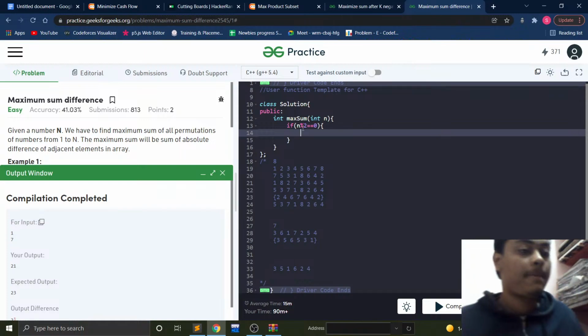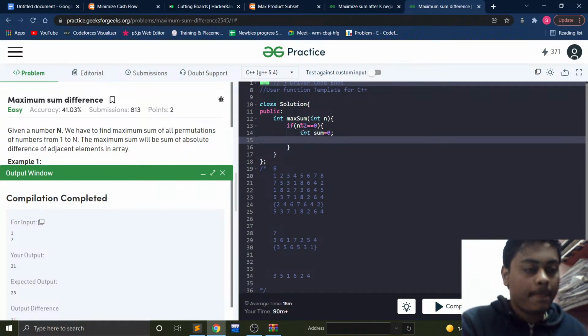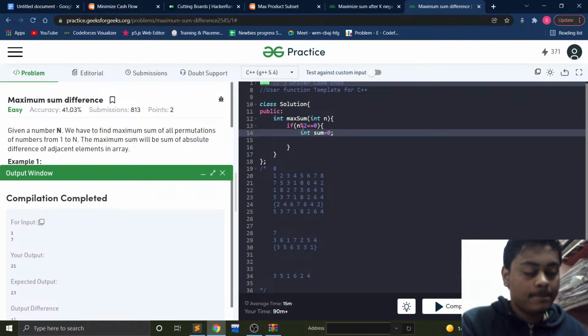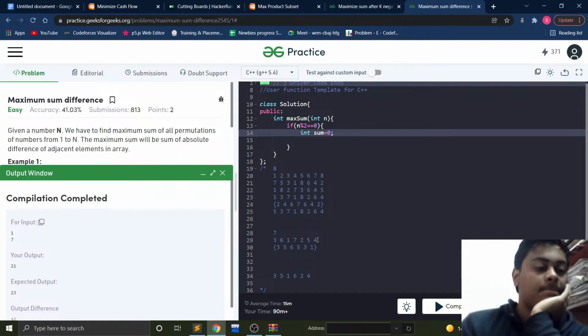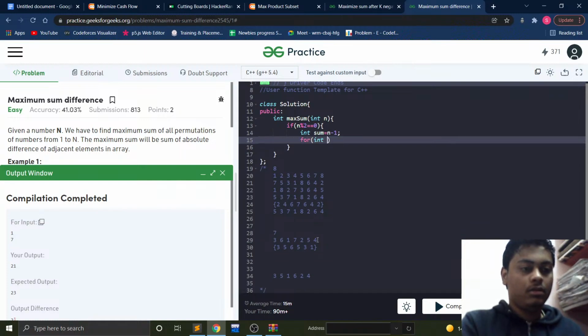And then one value will be n minus 1. And then i equal to 2, i less than n, i plus equal to 2.